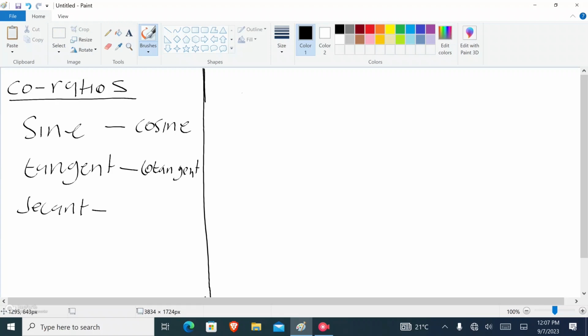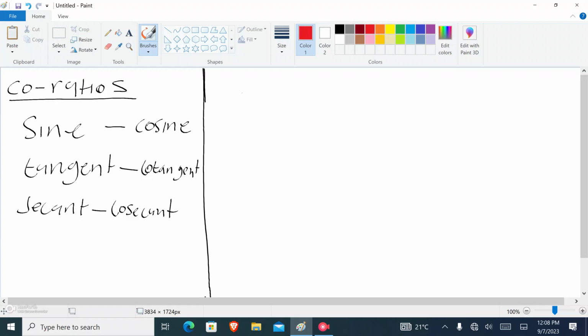If you can see the pattern here, guys, you put co in front of the actual trigonometric function. For secant, we have cosecant. As you can see, each trigonometric function has its own co-ratio, so there are also 6.